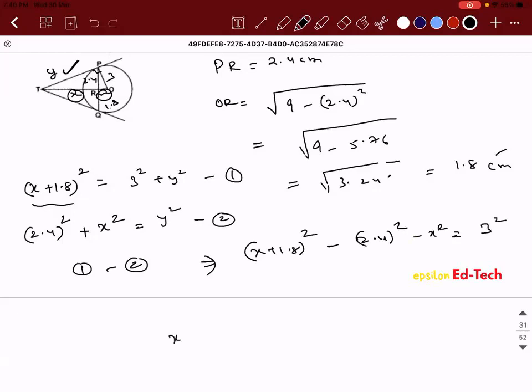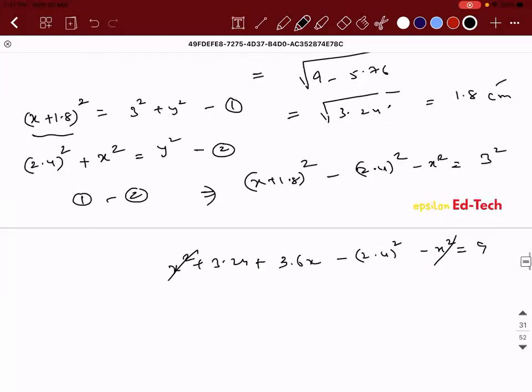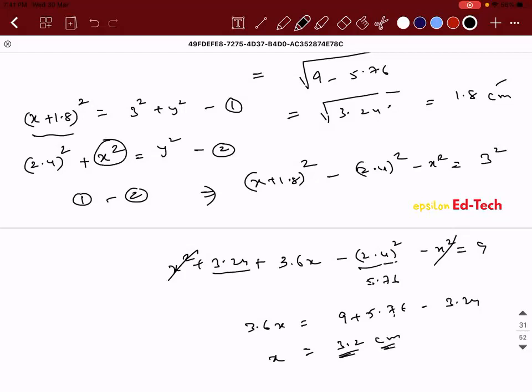So x square plus 3.24 plus 3.6x minus 2.4 the whole square minus x square is 9. X square will get cancelled. 3.24, this is 5.76. So 3.6x is equal to 9 plus 5.76 minus 3.24. When you do this, x value comes out to be 3.2. Once x is 3.2, substitute it here and you can calculate y, and the value of y will come out to be 4 centimeter.